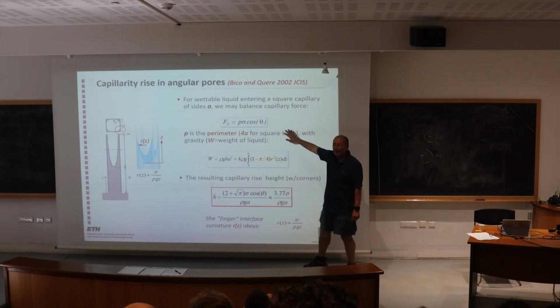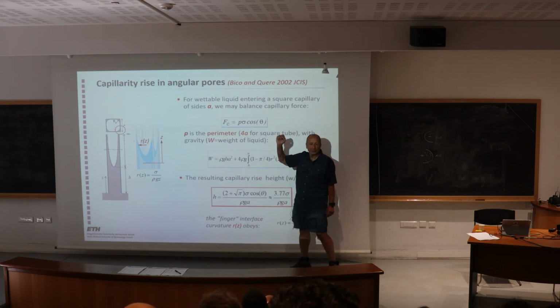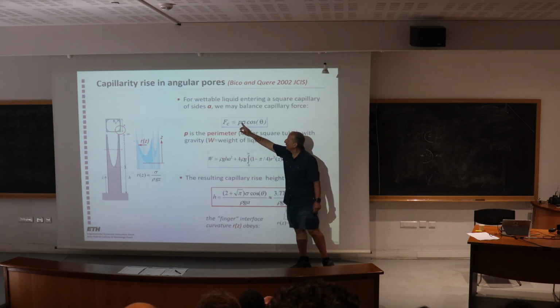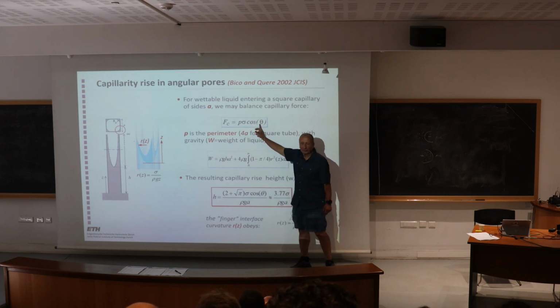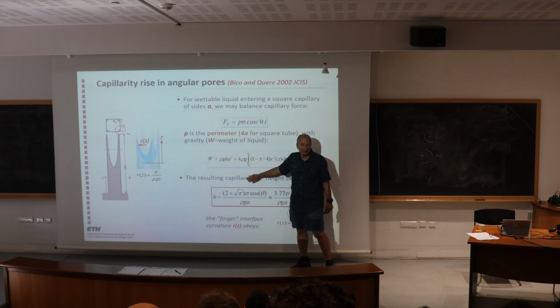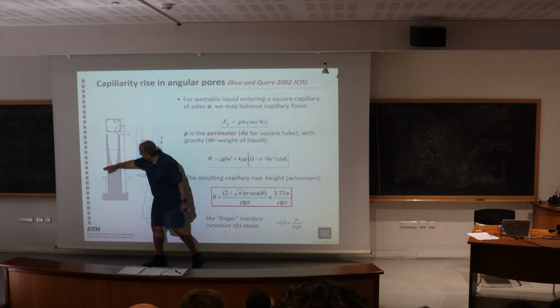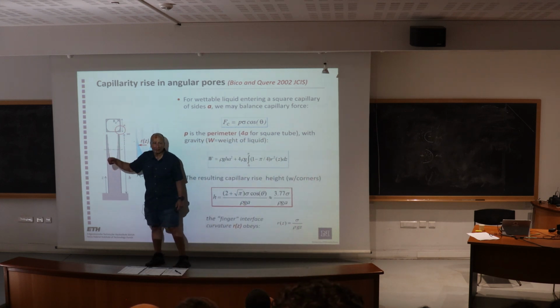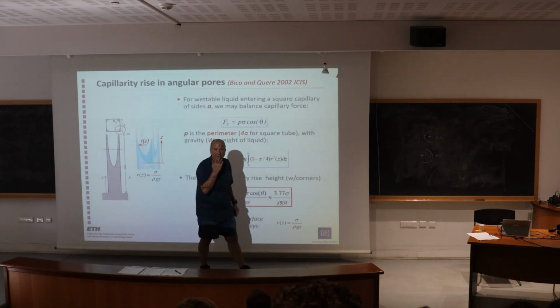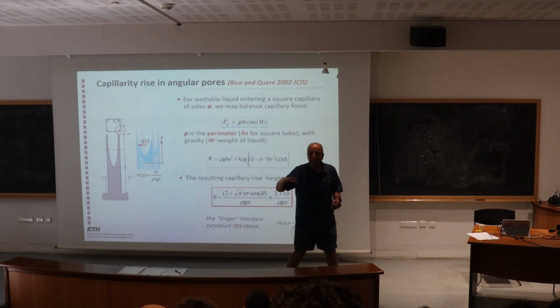They wrote that there are two forces: one pulling up, the perimeter times sigma cosine of the contact angle, they're using theta here, and the weight of the water, rho g h a squared, that's the water up to here. Then there are some corners where I have to calculate a complicated integral, and I get the mass of the water that is held by capillary forces.